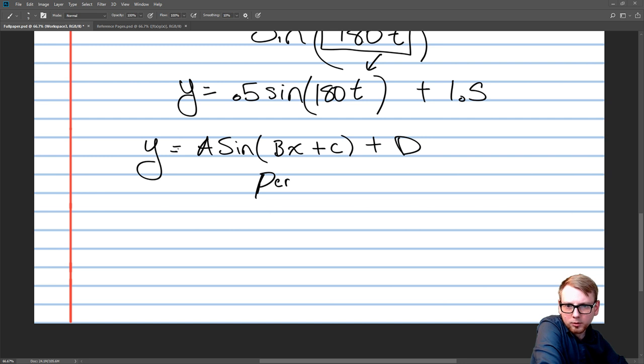Somebody writes these functions with different letters, and it's the same. No, you don't have to.